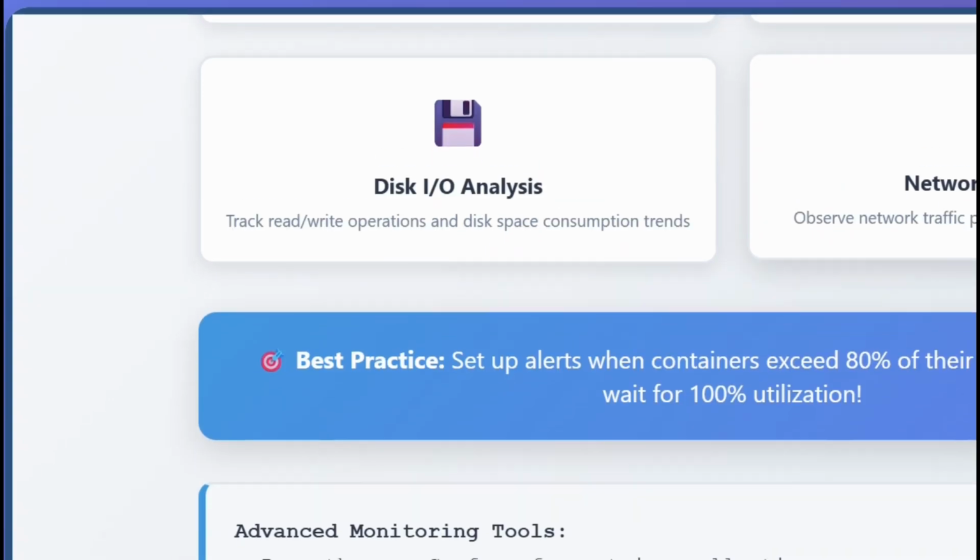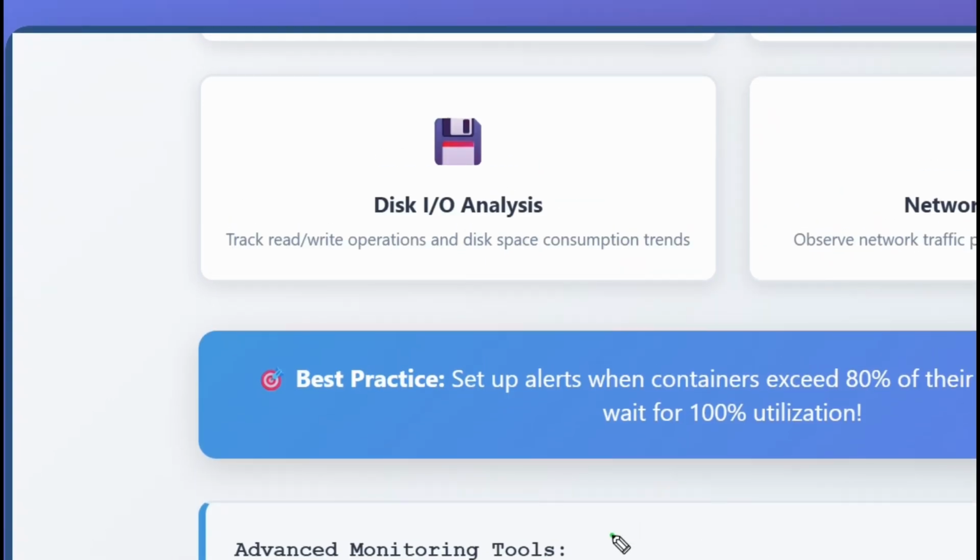Here are some advanced monitoring tools for deeper insights. We can use external tools like Prometheus plus Grafana for metrics collection and dashboards, cAdvisor for container-specific monitoring, and Docker system events.